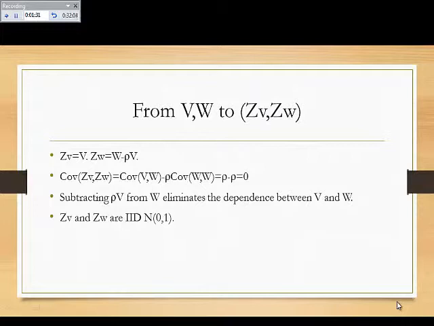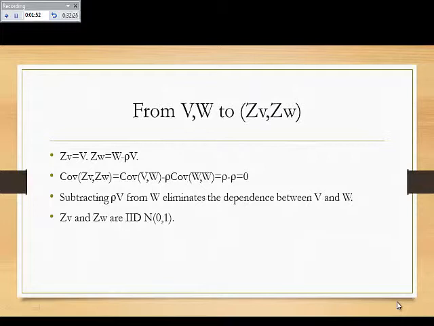I take the covariance of ZV and ZW. So by applying the linearity property of covariance, this is covariance of V with W minus rho V, and that splits up into two terms.